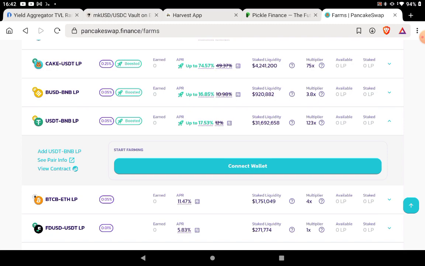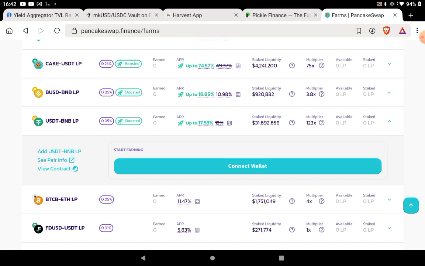If you want to build your bag, you're on PancakeSwap, you get paid in cake, and then you have to withdraw your cake, one transaction. You have to swap your cake for USDT and BNB, a couple more transactions. Then you have to buy LP tokens for this specific pool or others, right? And there's more transactions to it.